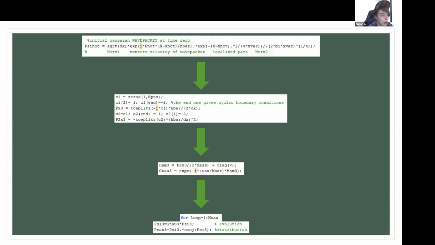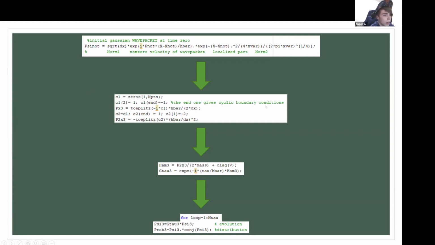So this is just a general overview of the sort of coding that I did. The initial psi naught in this case was just a generic Gaussian wave packet, not necessarily my LOCPOT, which would just be loading LOCPOT.z.